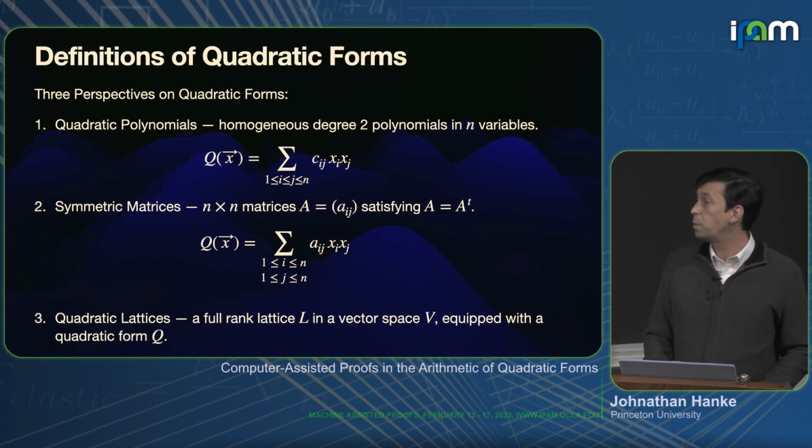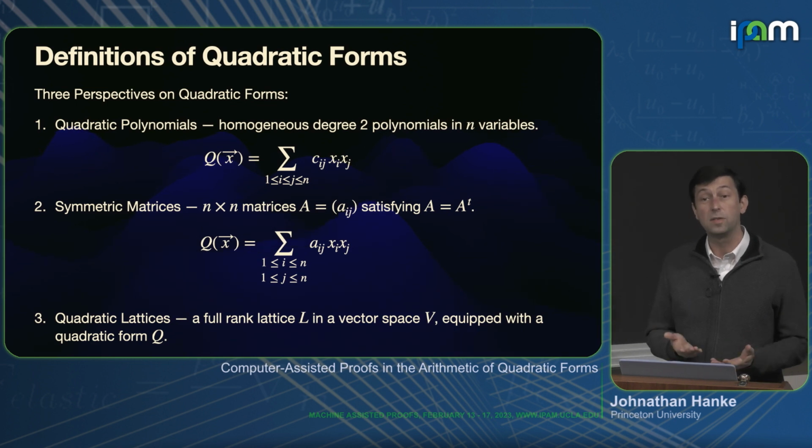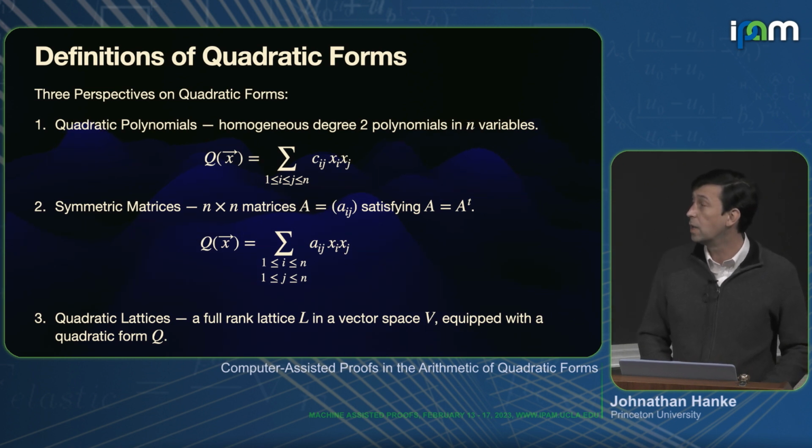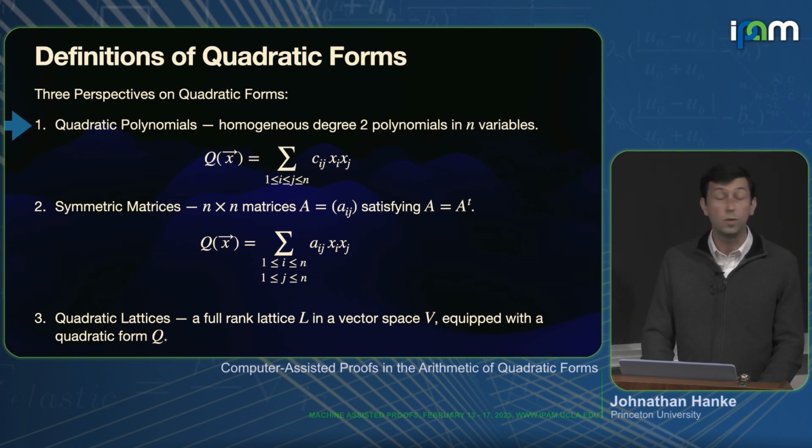Another perspective on quadratic forms, which is very useful but not as classical, is the perspective of quadratic lattices. Here you think of a quadratic form as a lattice embedded in a vector space with a fixed quadratic form on it. You could evaluate this on the lattice, but it's not necessarily presented in the same way. So we have to make some choices if we're going to start asking questions about the arithmetic of these things. The choice I'll make is a quadratic polynomial. This is the simplest thing.